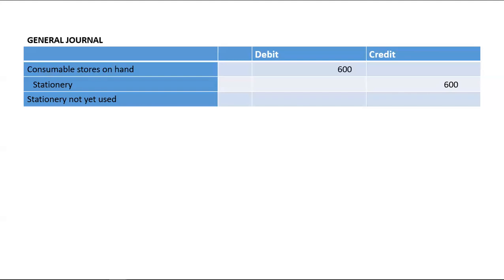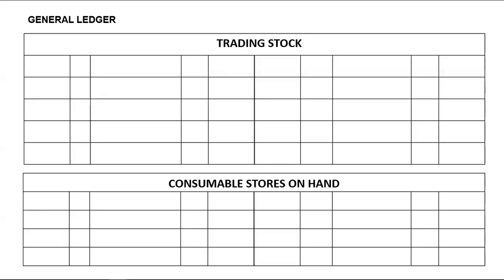Now I'm just going to explain it. I've done trading stock deficit. I've also done consumable stores on hand. Now I'm going to show you, like you're starting all over from scratch. You start with the journal, and then you take it to the general ledger. I'm going to start with my trading stock. At the moment in the trial balance, it was sitting at 800,000.